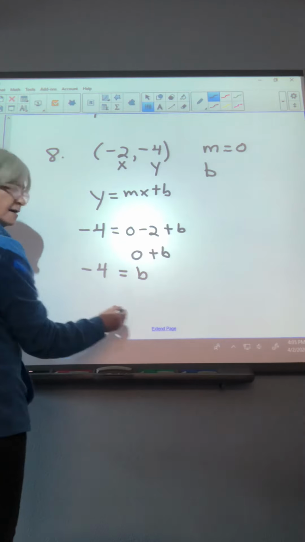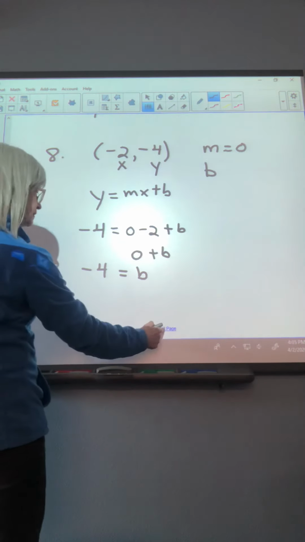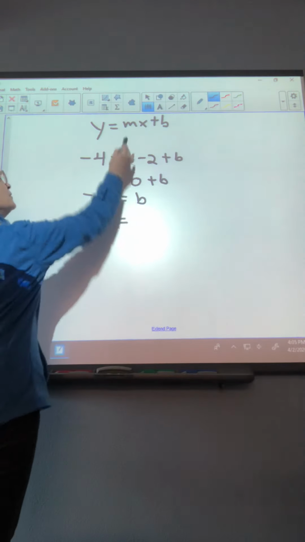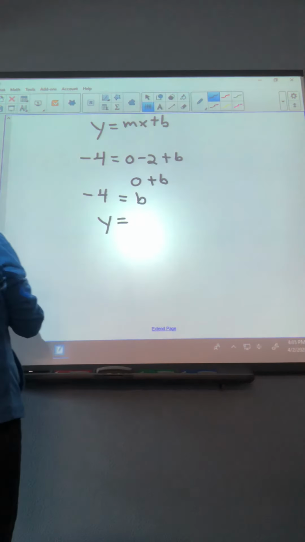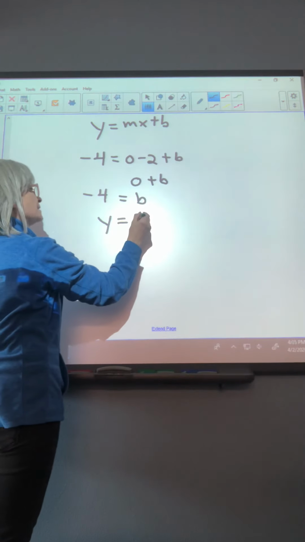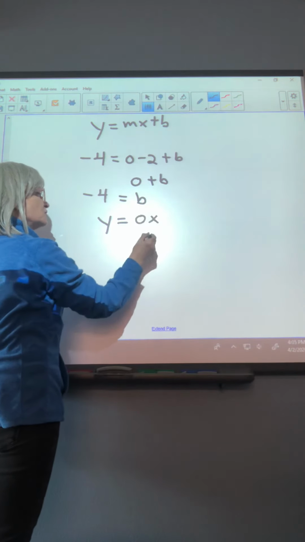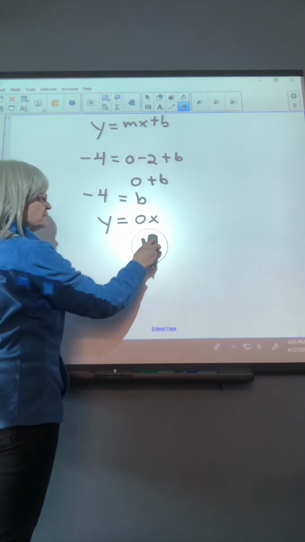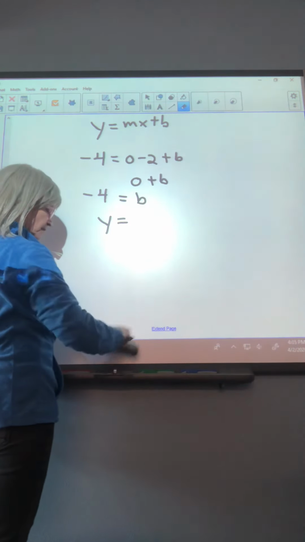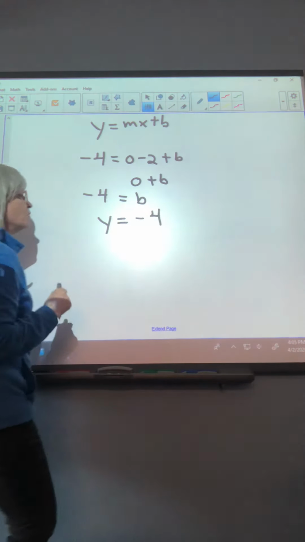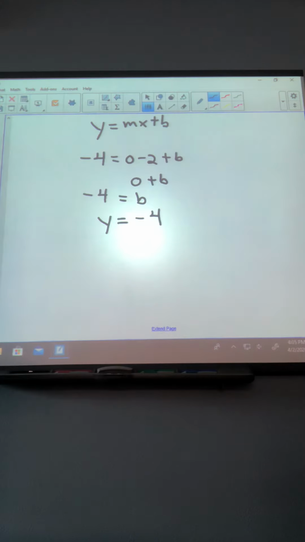So we would have, can you see this bar down? y is equal to, remember that slope was 0? And so 0 times x would just give us 0. So there's no reason to write that. We simplify so we can get rid of that. b is a negative 4, so we have y = -4.